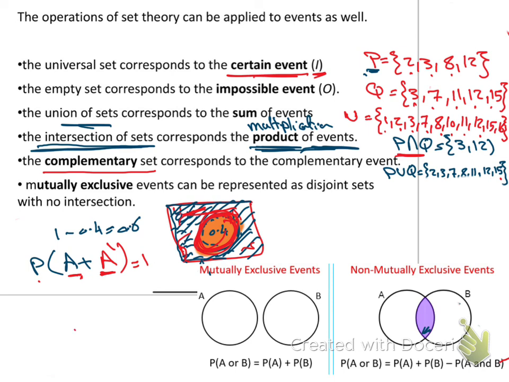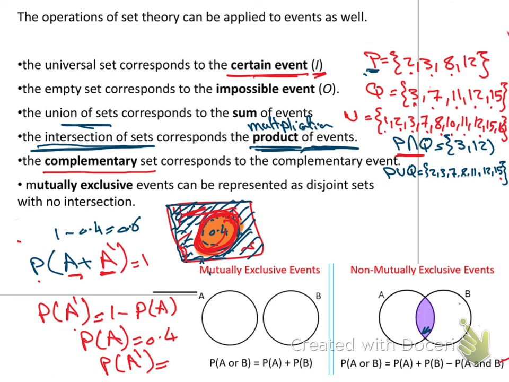So the probability of A complementary equals 1 minus the probability of A. That's it. If the probability of A is 0.4, the probability of A dash or A complementary equals 0.6, 1 minus. If the probability of A is 0.3, this one will be 0.7, and so on.